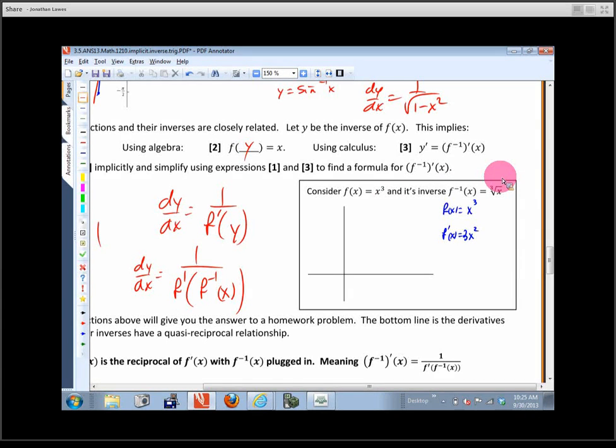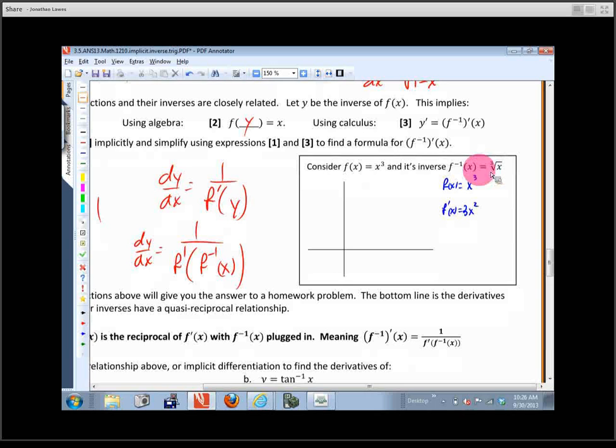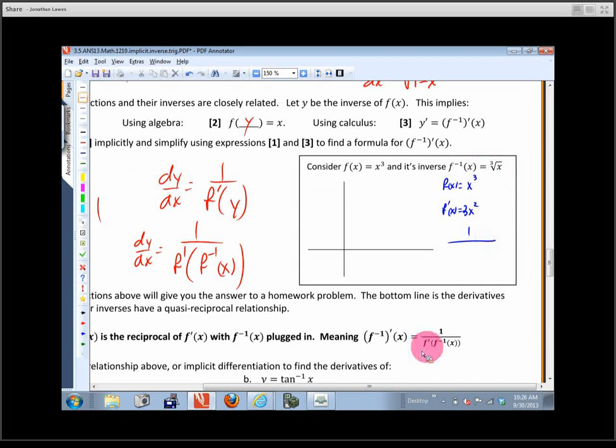The challenge here is to make this work, come up with the same answer, but using the fact that these are inverses of each other. So we're not going to find the derivative of the inverse function directly. We're going to do this. This down here says if I were going to find the derivative of this, I could do 1 over the derivative of the original function.